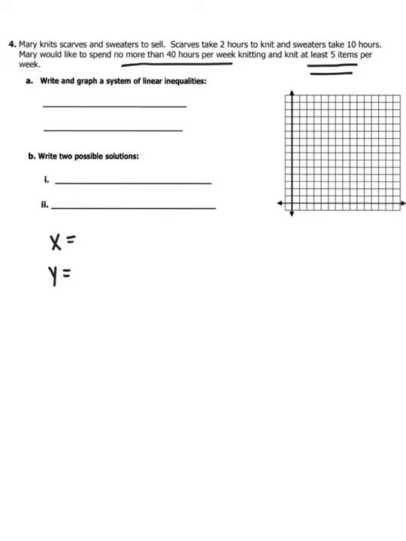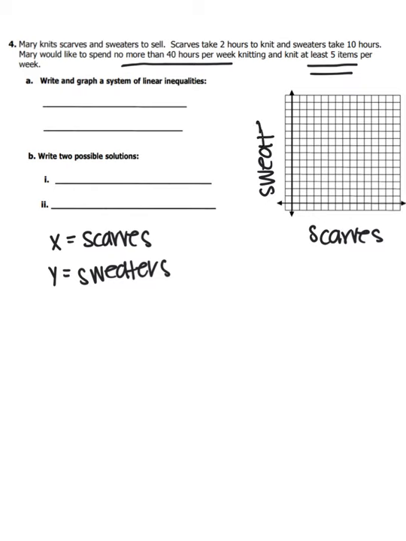So I would let X equal the scarves and Y equal the sweaters. So your x-axis is scarves and your y-axis is sweaters. So go ahead and try to create your 2 equations, then graph them, and then pick any 2 solutions within your double shaded region.